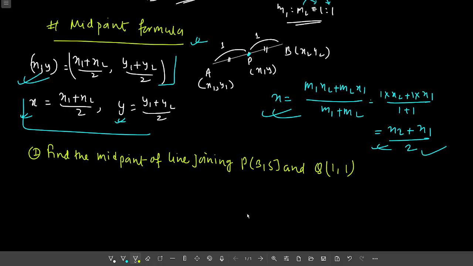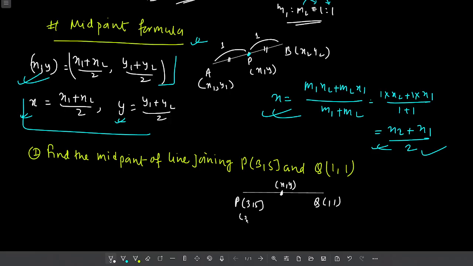We need to find the midpoint. For example, this is a line. You can write it as P(3, 5) and Q(1, 1). Now you need to find this midpoint. The midpoint is (x, y).